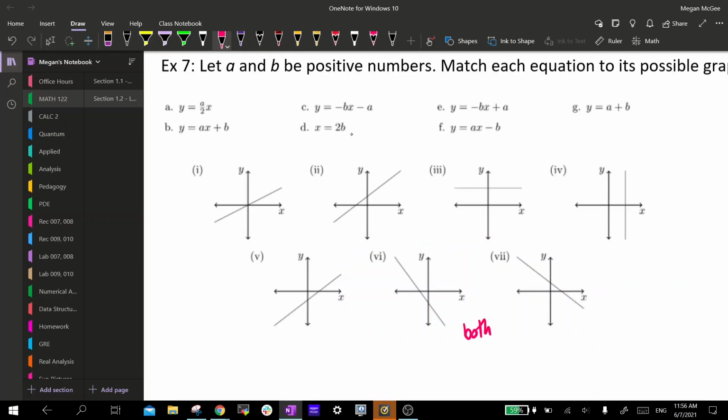Both negative slope. So, I want to look for the equations above that have negative slopes. And our slope is what we are multiplying by x, right? So, this is a negative slope.